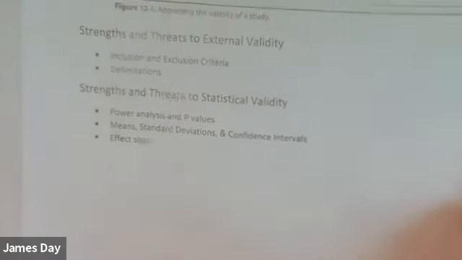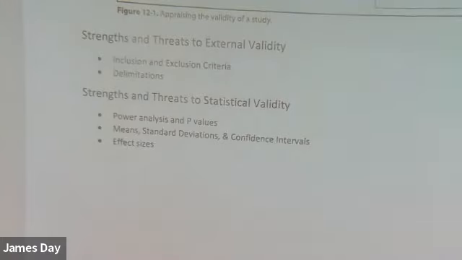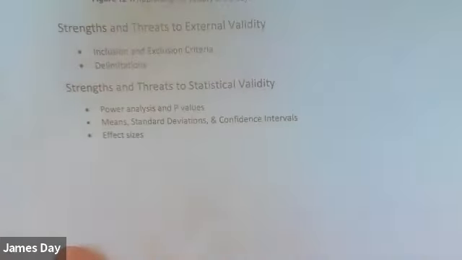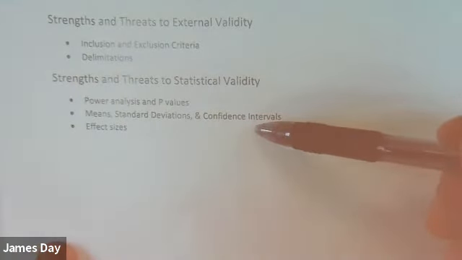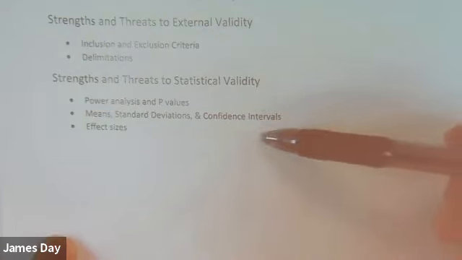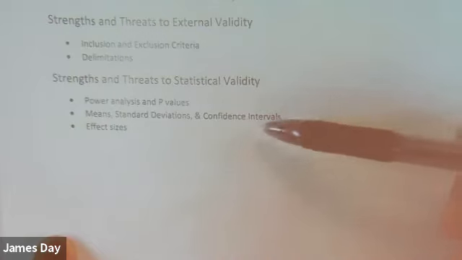The last section here is the strengths and threats to statistical validity. Now, as I said, this is difficult without advanced understanding of statistics. So what we're going to do is we're going to allow the reviewers to determine whether or not the statistics performed were appropriate.